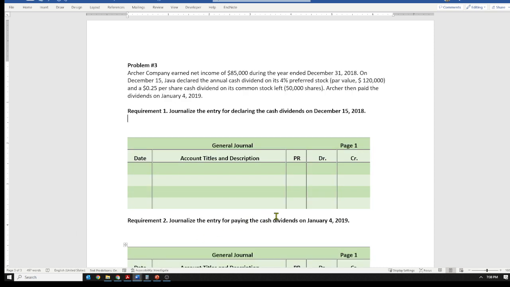Let's go ahead and open that up. We can see that the company earned a net income of 85,000 during the year ended December 31st, 2018.